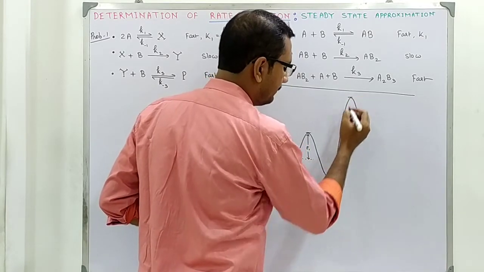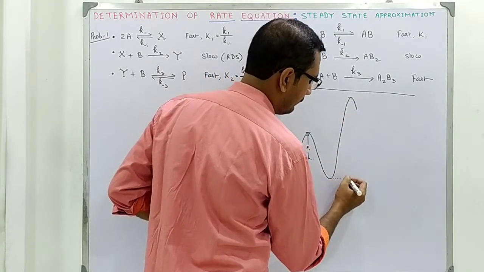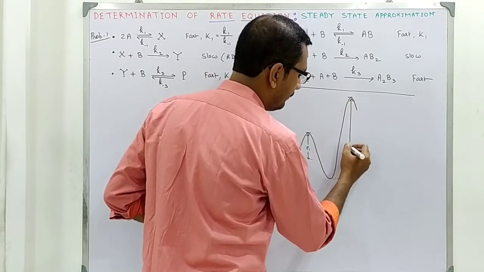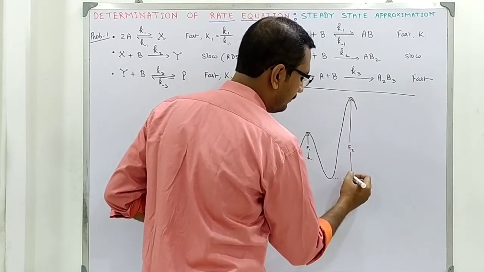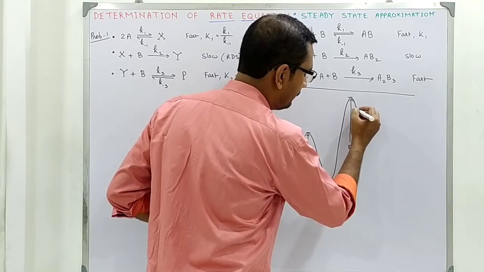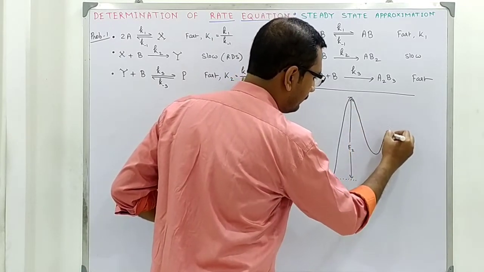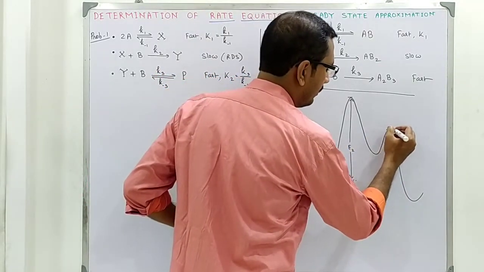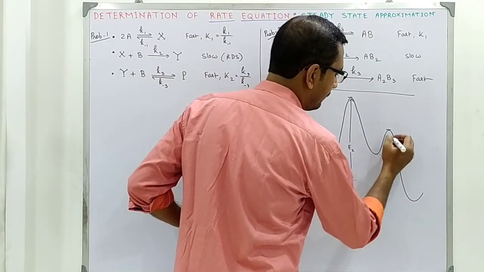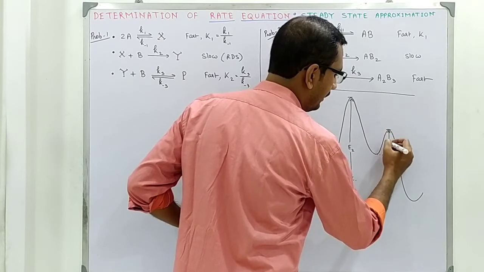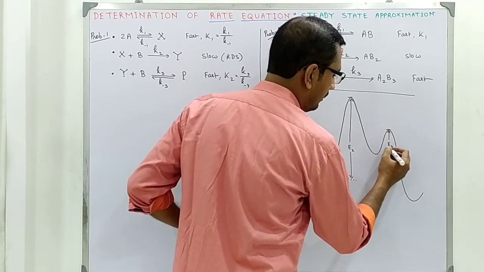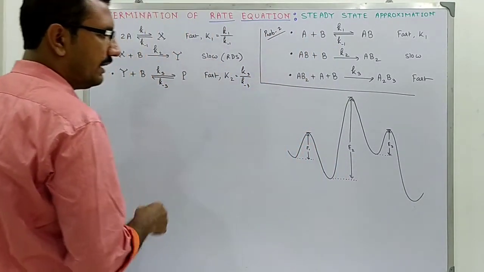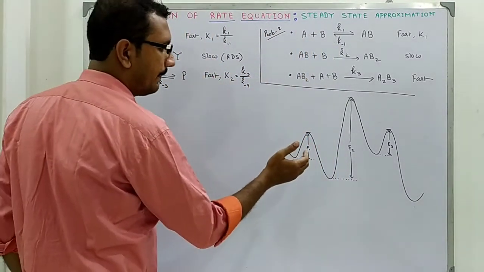This is for the second step. It is large. And for the third step, it is also small like the first one. So, we have 3 steps.